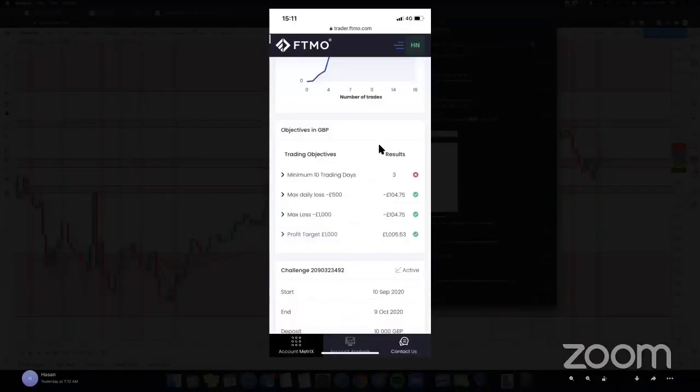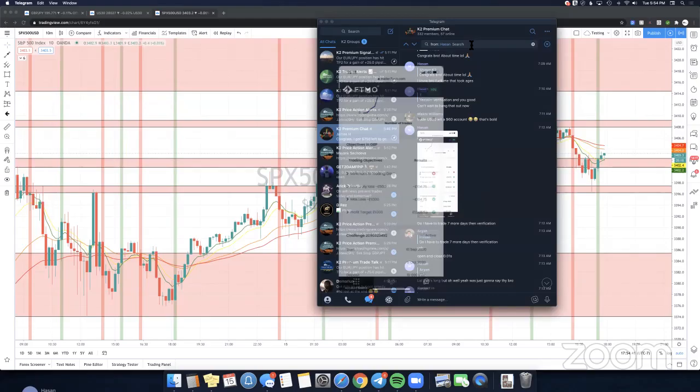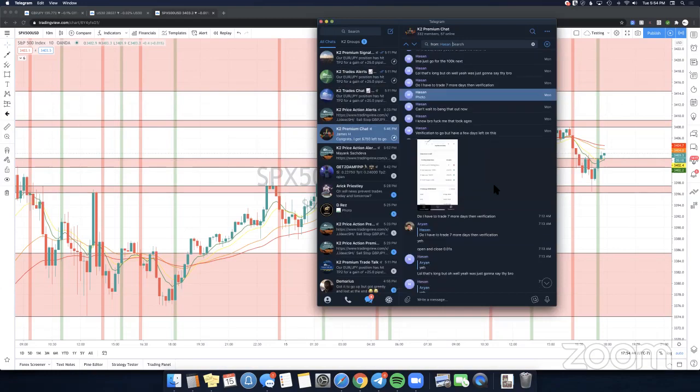Look at Hassan. This dude passed in 3 days. Literally, look at his chart right here. It's straight up, straight to passing. This dude passed so quick. I think that was it, right, Hassan? Or did you send it to me personally?